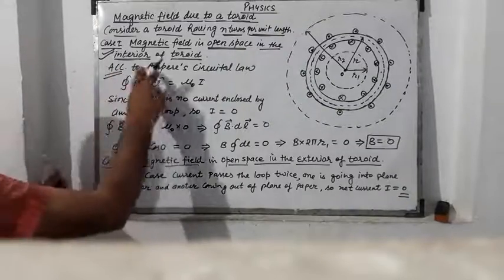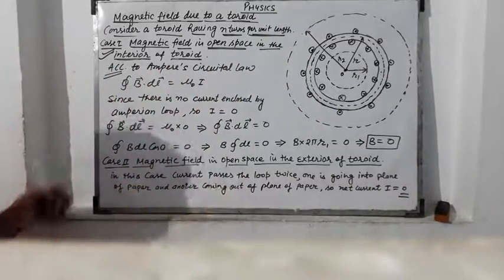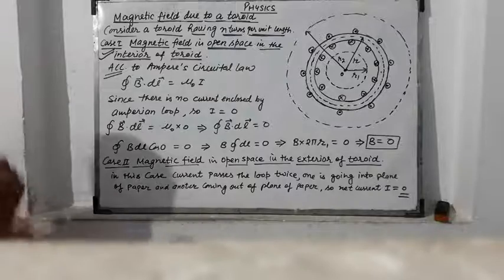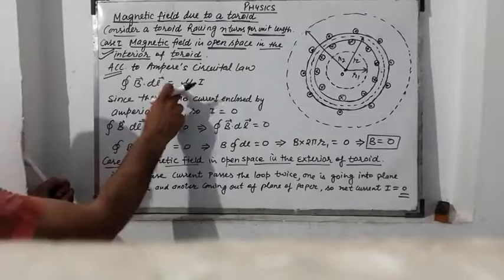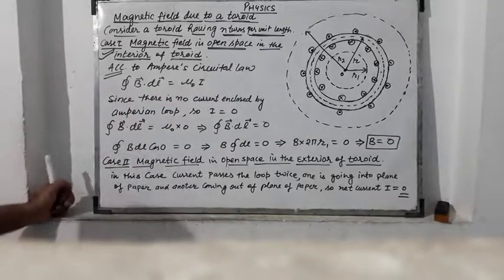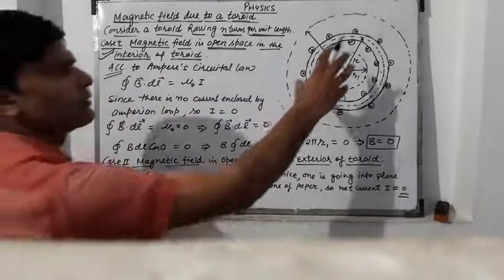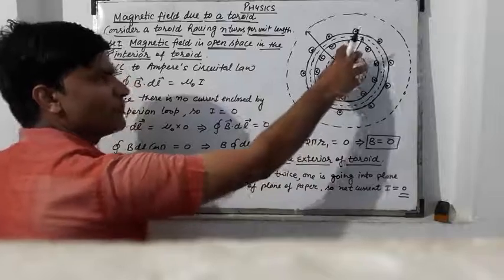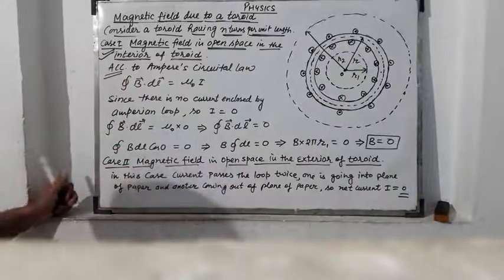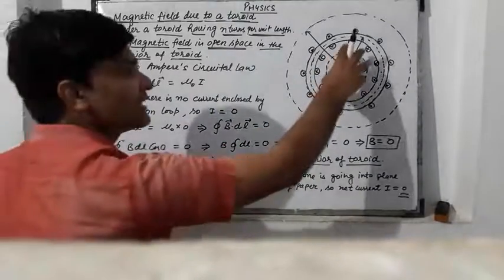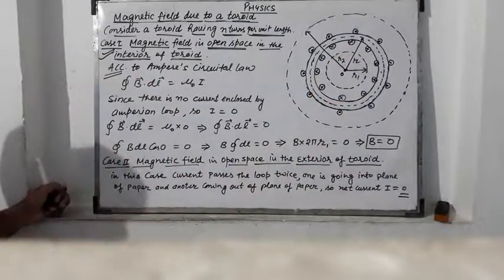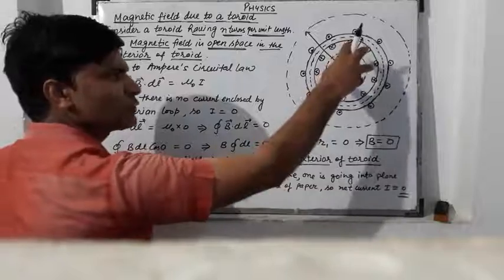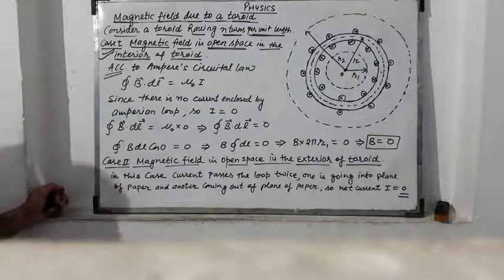According to Ampere's Circuital Law, the line integral of B dot dl is equal to mu naught I. But this Amperian loop with radius R1 does not enclose any current. No current passes through this Amperian loop.